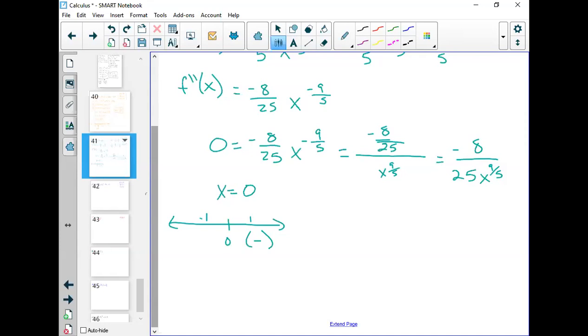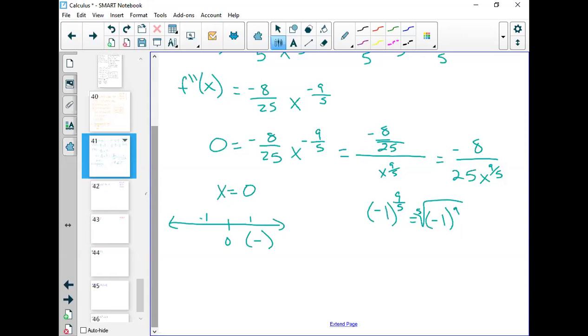So let's review what we do with fractional exponents. This just means it's negative 1 to the power of 9, and then you take the 5th root. So we could rewrite this as negative 1 to the power of 9, and then you take the 5th root of that.